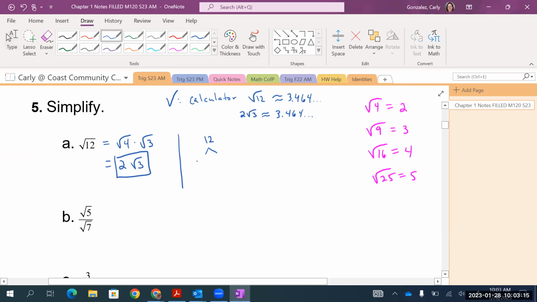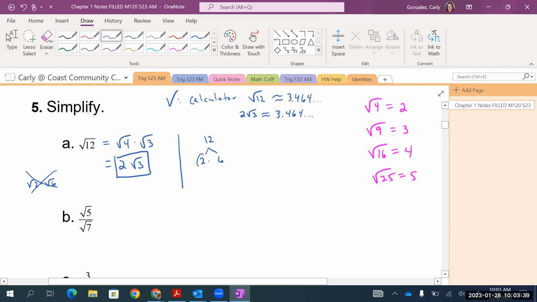I can say 2 times 6. Whereas over here, using this original method, if I separated it into rad 2 times rad 6, that is not helpful at all, because rad 2 is not a whole number, and the square root of 6 is not a whole number. So that is not helpful over here.